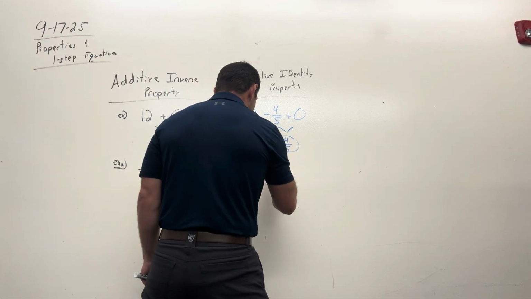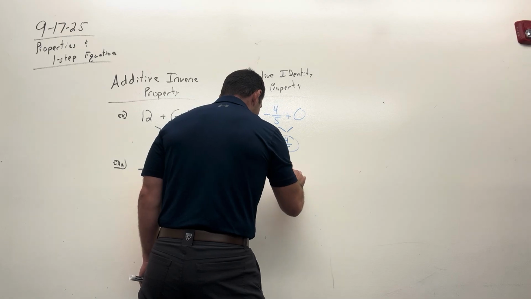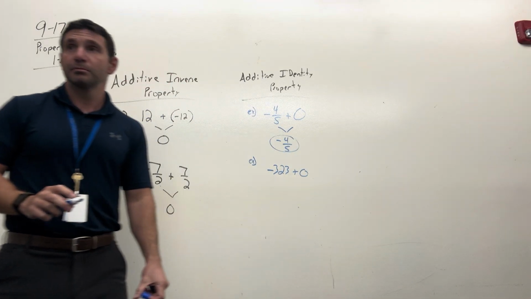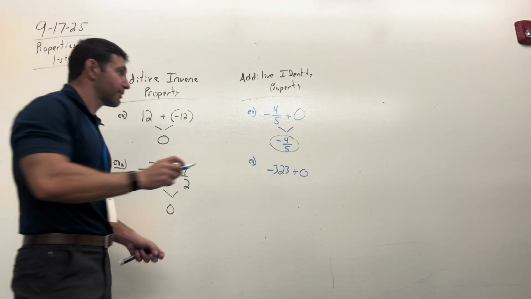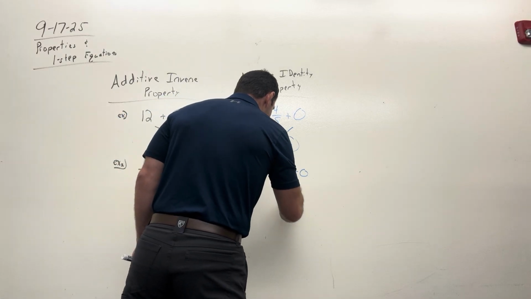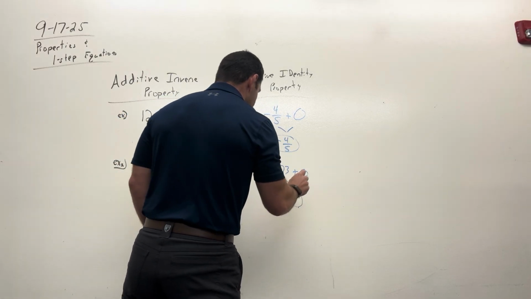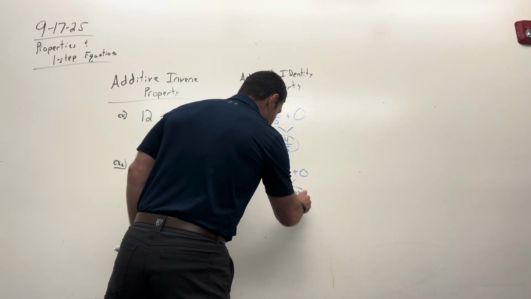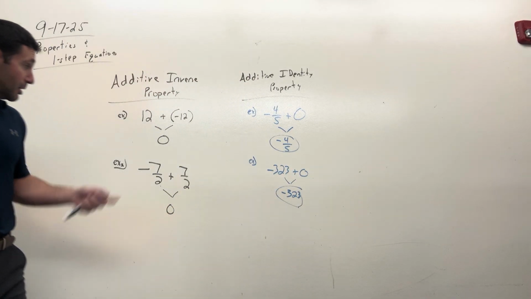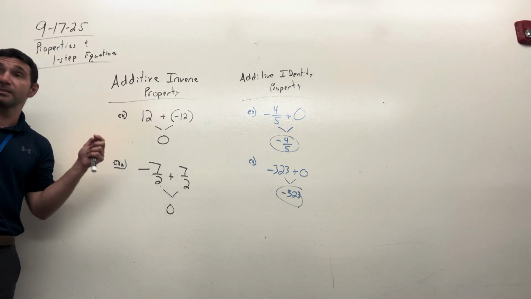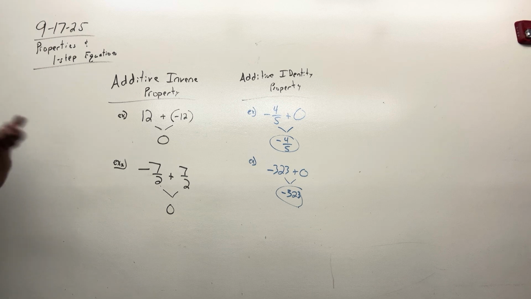If I have negative 323 plus 0, yeah, it's still negative 323. So the additive identity property says anything plus 0 is that anything. Where here, anything plus its opposite is 0. I mean, we good there? I know this is basic.